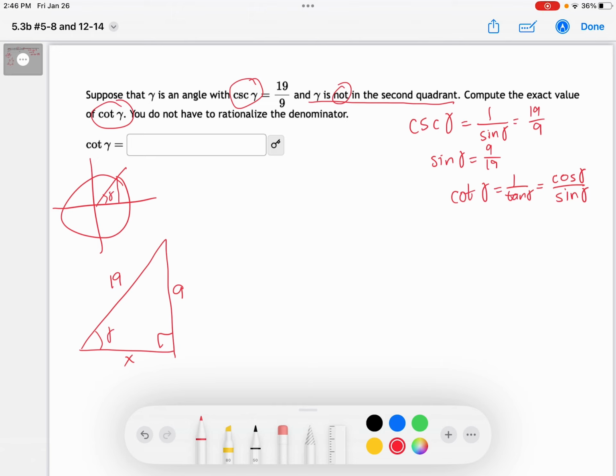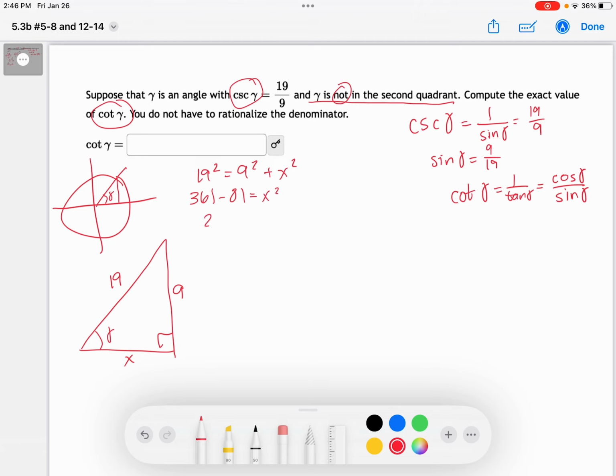So let's use the Pythagorean theorem. I can say 19 squared equals 9 squared plus x squared. Okay, and let's see, what is 19 squared? 19 squared is 361. And I'll bring the 9 squared over.